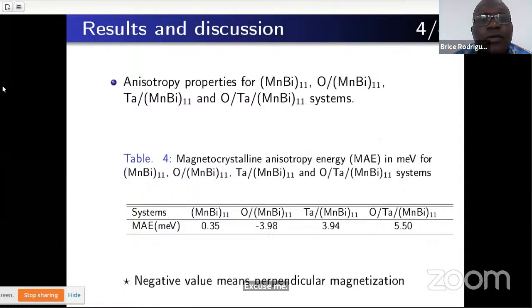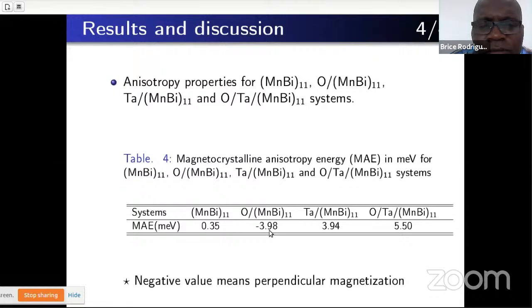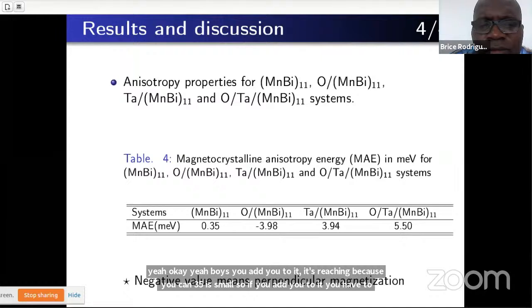So you see the MAE for when you don't put anything on it, the pure manganese bismuth, is 0.35, right? Yes. But if you add U to it, it will change, because 0.35 is small. So if you add U, DFT plus U, it will probably change in one way, maybe increase, I don't know. So it's good to add U to see what you will get.